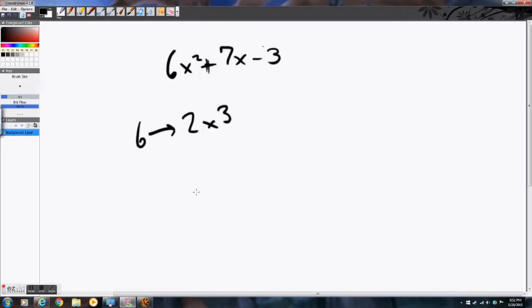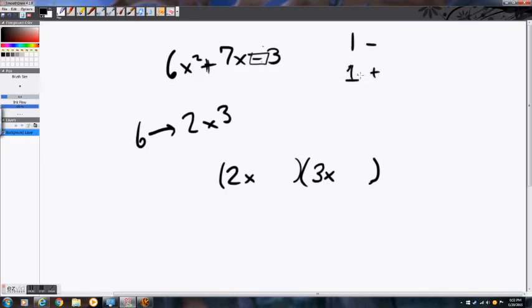One of them is going to be 2x, and the other is going to be 3x. I'm sorry, one of them is negative and one of them is positive, because the last term has a negative sign. One negative, one positive.